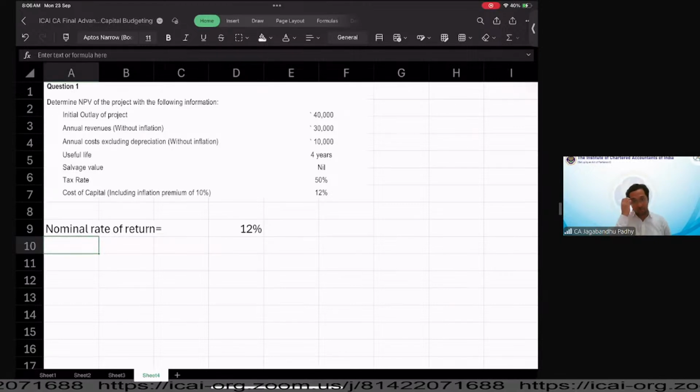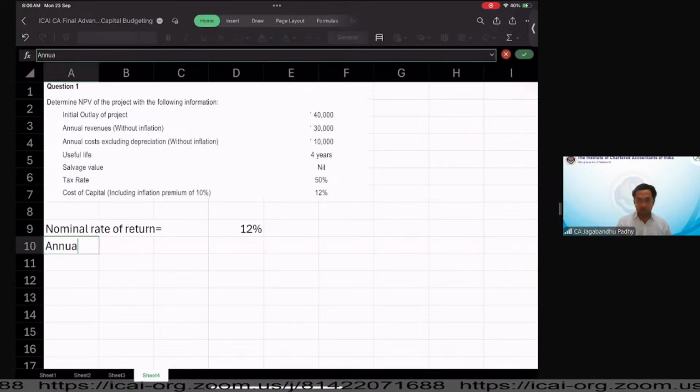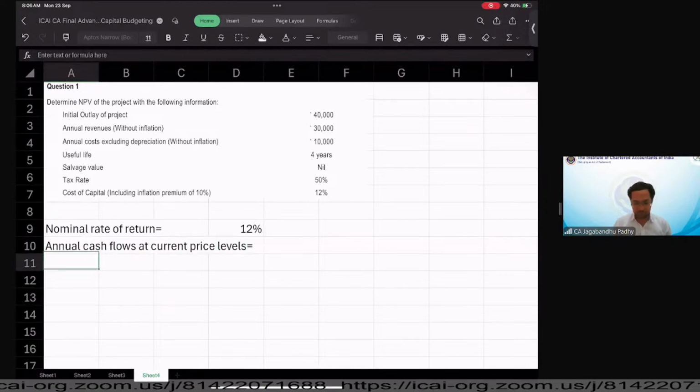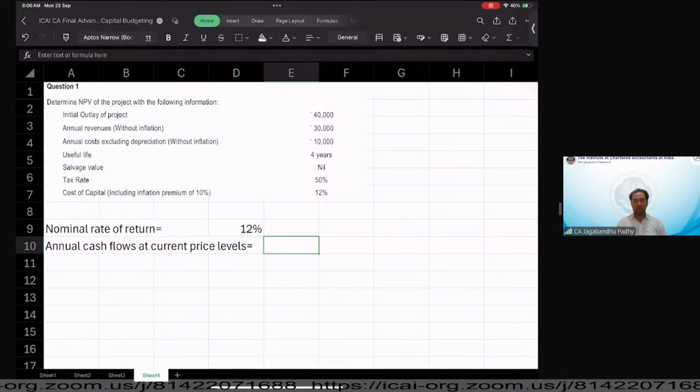Now, what will be the nominal cash flows over here? First of all, annual cash flows at current price levels. What will be the annual cash flows at current price levels? Can you tell me what will be the cash flow in this project per annum?